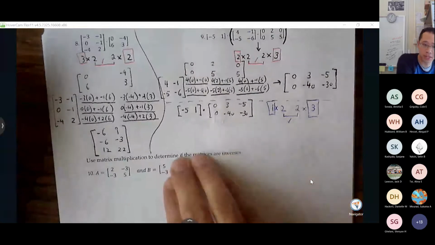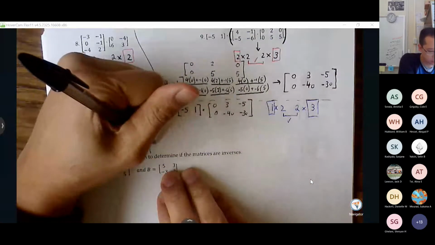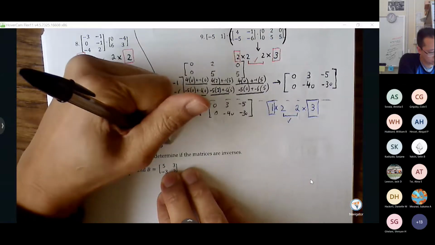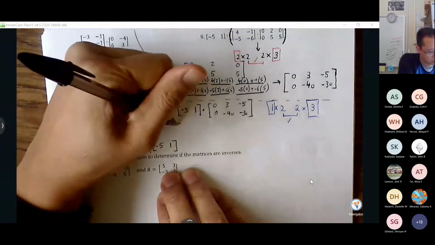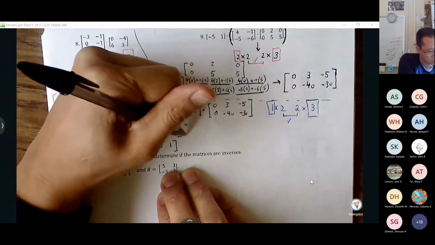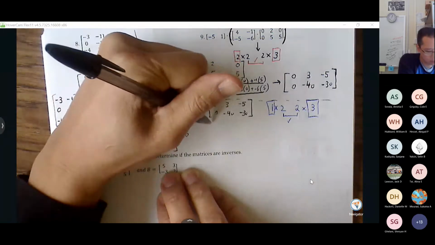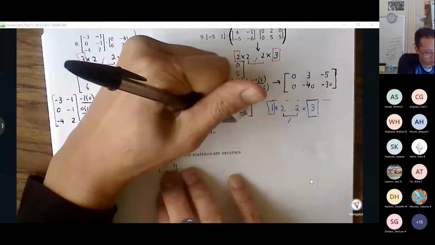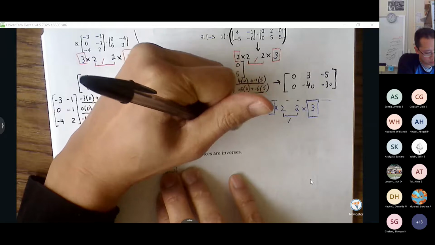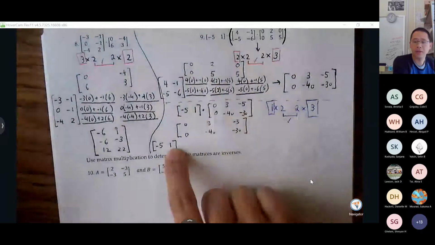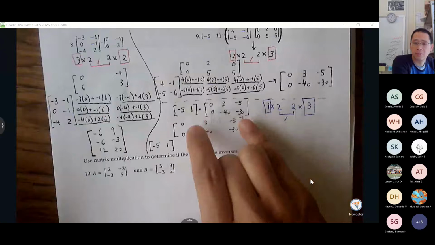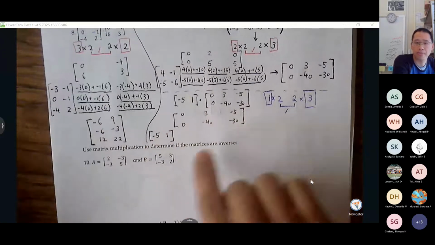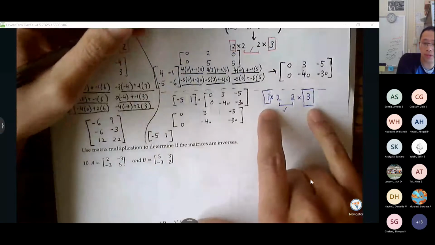Okay, let's set up our multiplication again. I like to space out my second matrix so I can give myself room to add all those terms together. Okay, 1 row, 3 columns.